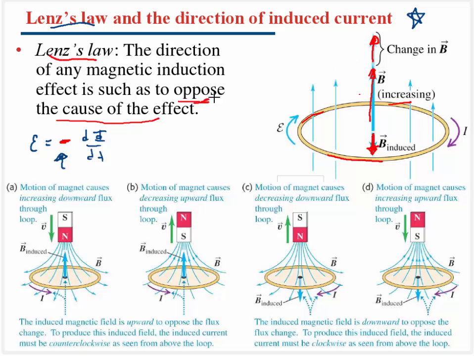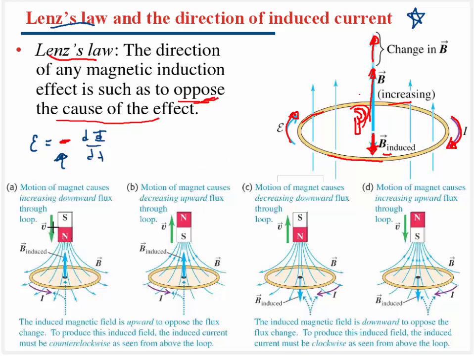So kind of that word oppose right there. Now how do you get the magnetic field in the downward direction? Well, you point your thumb in the downwards direction, and then you ask which direction you need to curl your fingers in. Well, I need to curl my fingers in the clockwise direction to get my induced magnetic field downwards. So the current and the EMF that are induced are going to be in the clockwise direction.